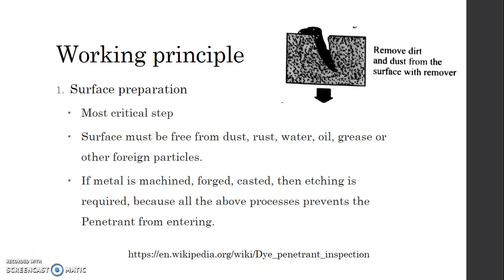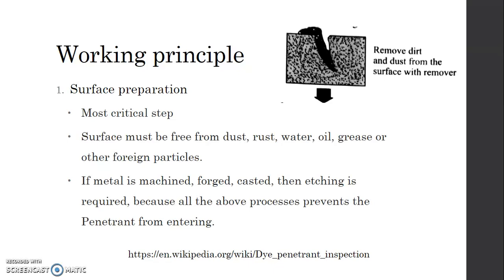There are a lot of procedures available, so we will see them one by one. The first thing is we have to prepare the surface where we are going to test for defects. We can use some cloths, because some foreign materials may be on the top surface of the component, so we have to remove that unwanted foreign material.